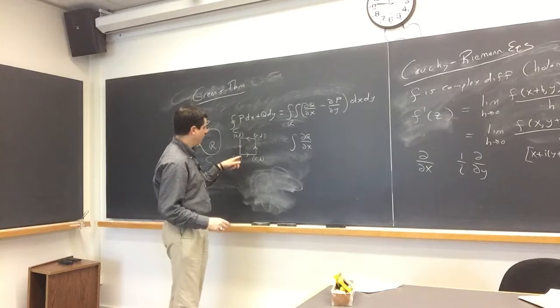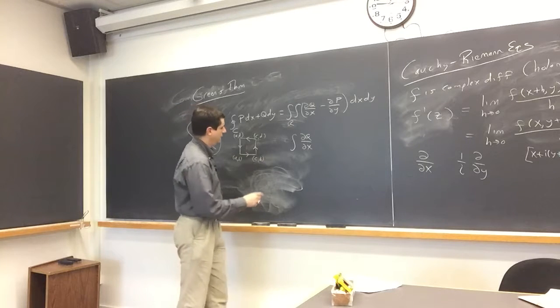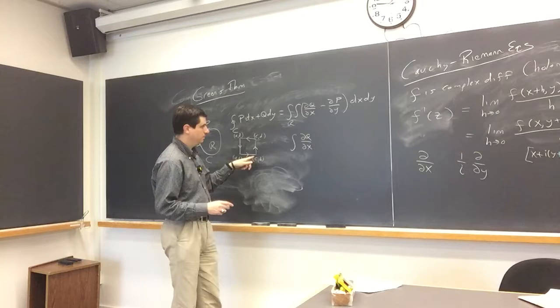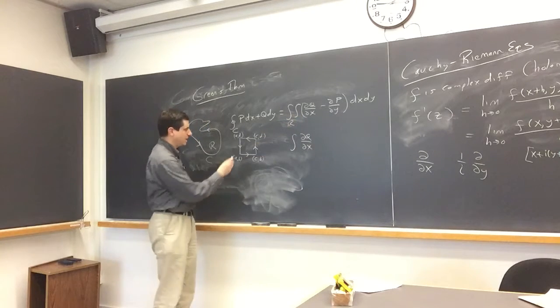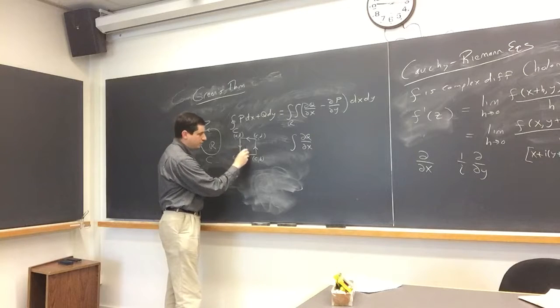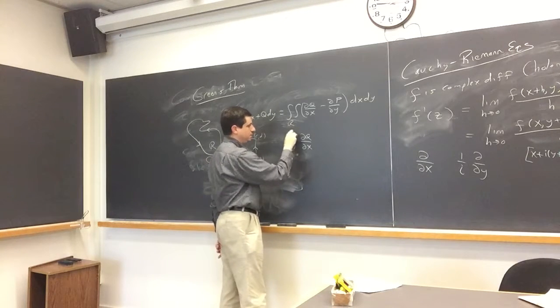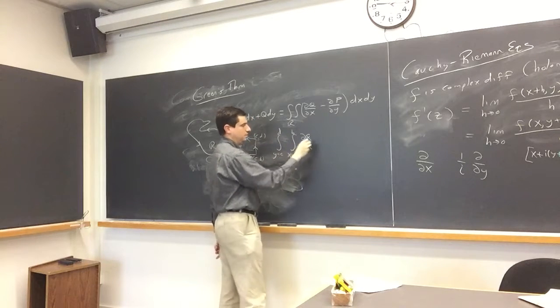And so if I fix a value of y, x is going to run from A to C. But I have a double integral over the region. So if I'm integrating first with respect to x, I fix a value of y, and I'm integrating along a slice.